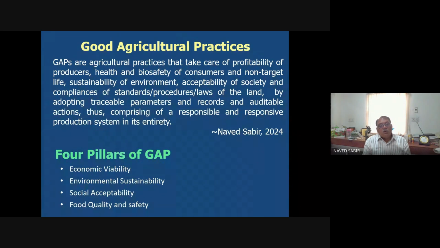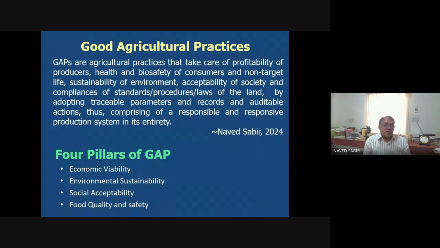So this is a responsible and responsive production system, responsible for the economic viability and profitability of the farmer, responsibility towards the environment, responsibility towards the health and safety of the people and the non-target organism. At the same time, it is responsive.